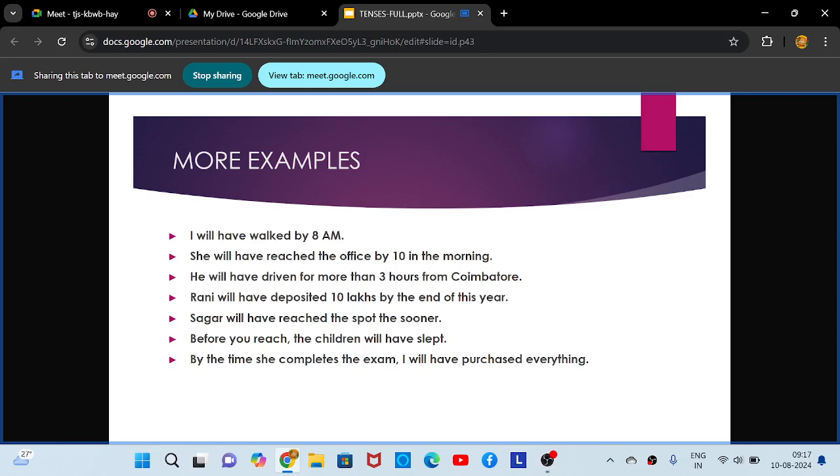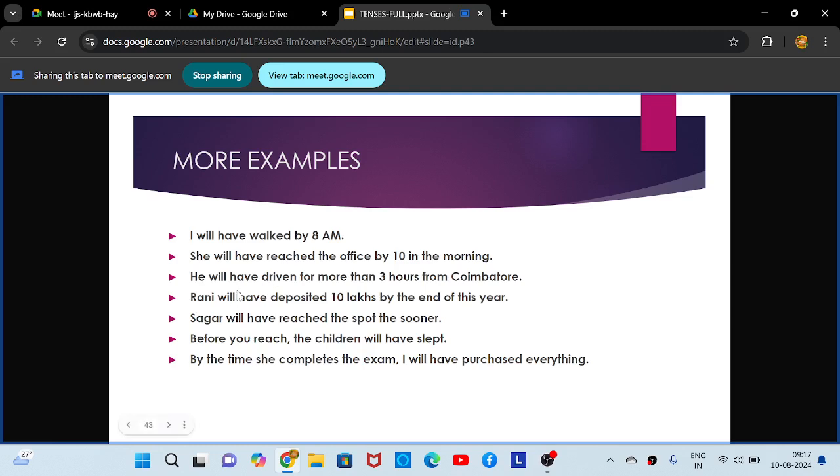This is also in future tense. By the time she completes the exam, I will have purchased everything. That is, before she completes the exam. So I started purchasing, I'm still purchasing, but I will complete the purchasing by the time she completes the exam.